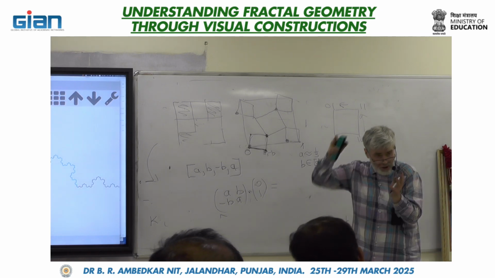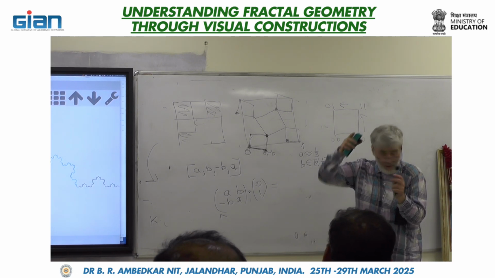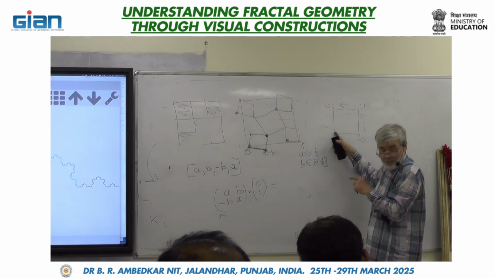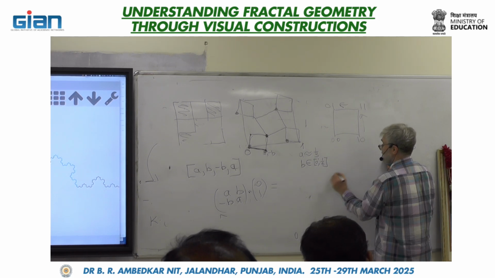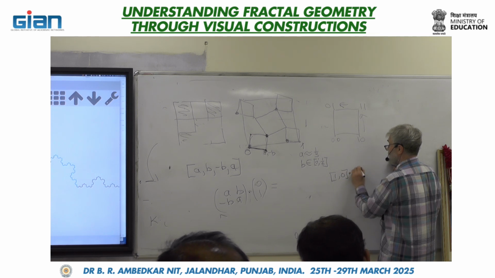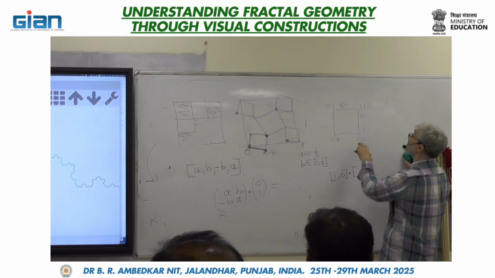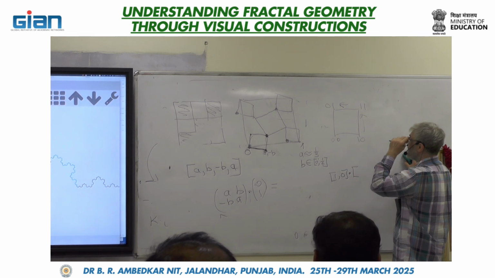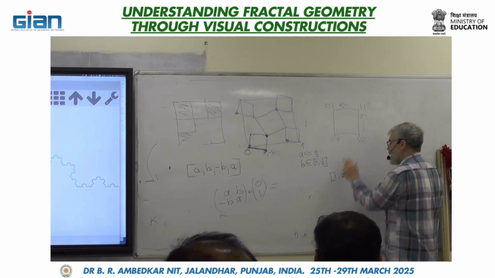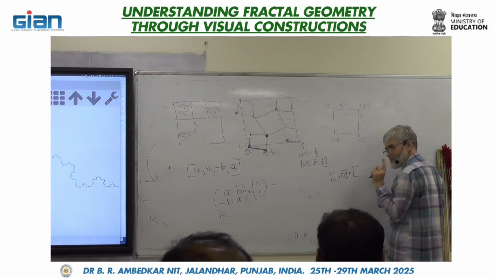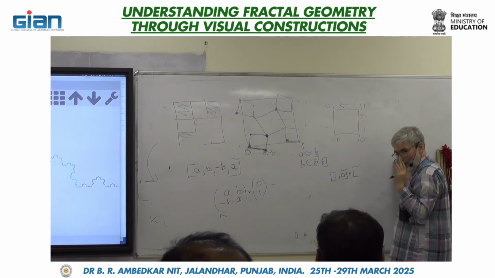So it's a rotation of the square with respect to 0 plus translation by 1, 1. So this map will be 1, 0 multiplied by... No, sorry.